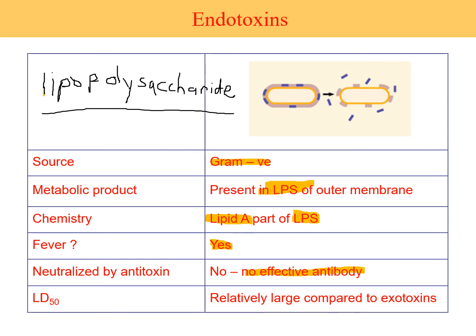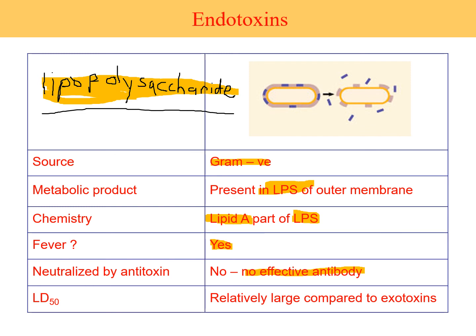So if you could raise an antibody, it would probably be effective against all kinds of endotoxin-mediated gram-negative infections, but they've tried very hard and they haven't been able to develop an antibody.